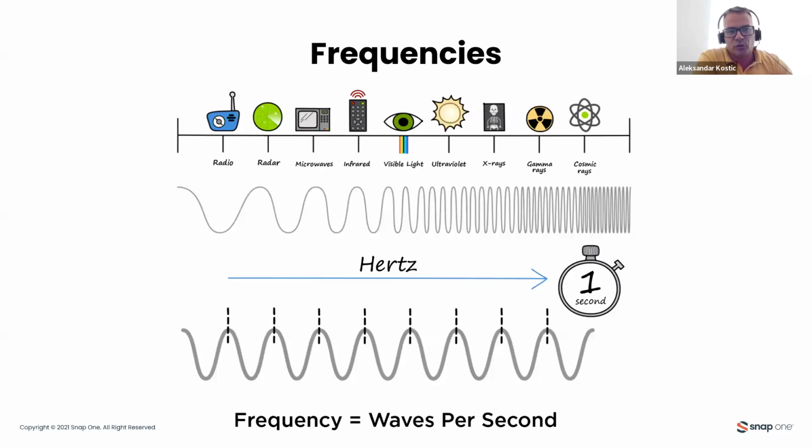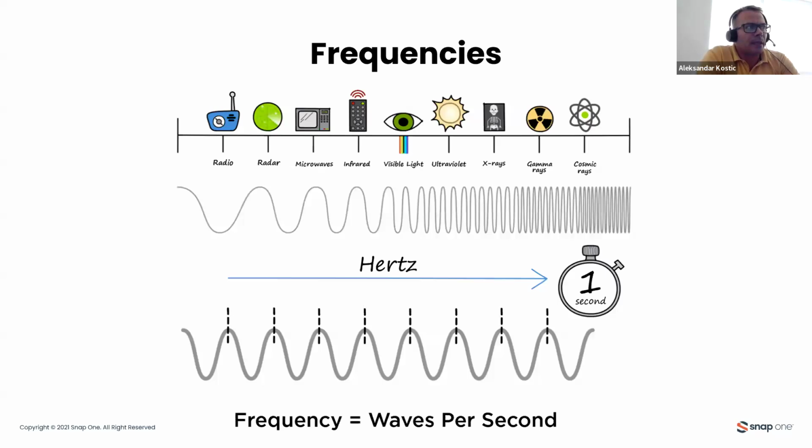Typically, for describing Wi-Fi communication, we use frequency, and Wi-Fi operates on two main frequency bands, 2.4 and 5 gigahertz. Today, we also have an additional band recently introduced, which is 6 gigahertz, but in Araknis, we still don't support that band, so I will not speak much about it.